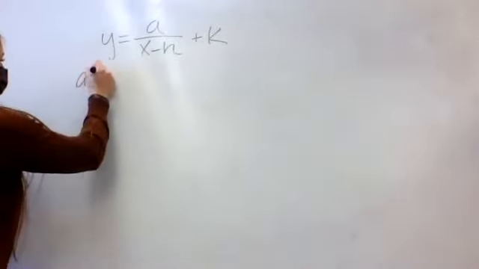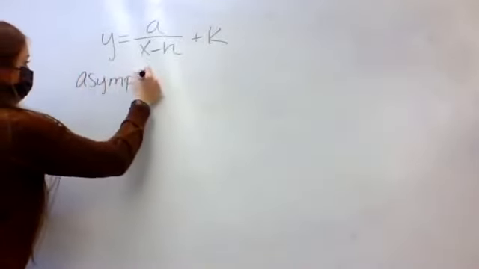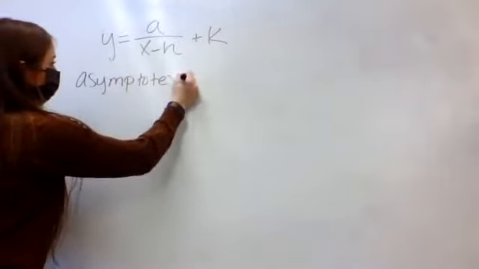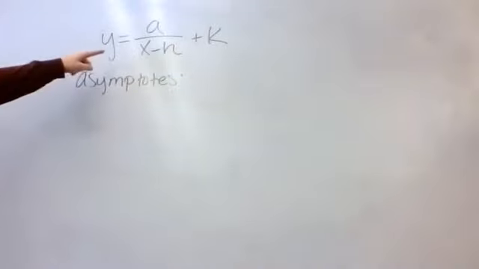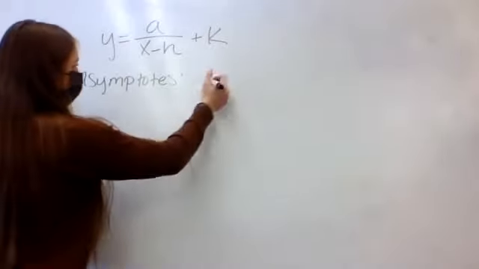When we're graphing these, there's a set of steps we have to do. The first things we have to find are our asymptotes. There are asymptotes at specific places. The first one: you take your denominator and set it equal to 0.